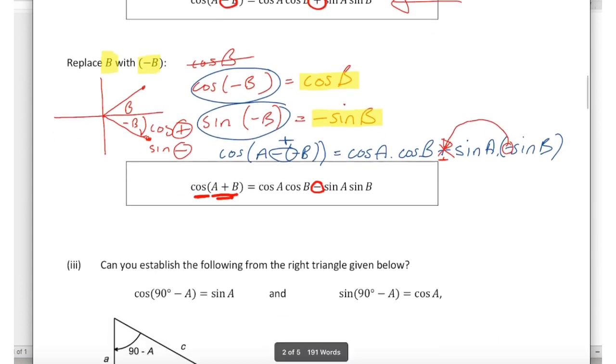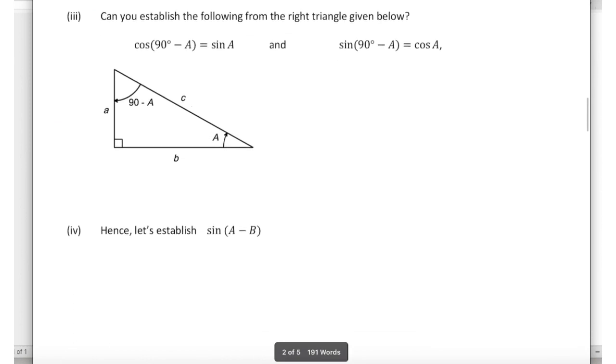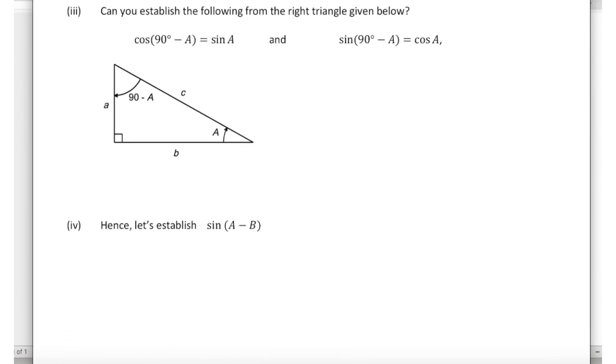Now we want to have a look at using sine, and we're doing sum of angles and the difference of two angles. So we need to look back and remember something about the things that we know in terms of cos 90 take an angle equaling the sine of an angle.